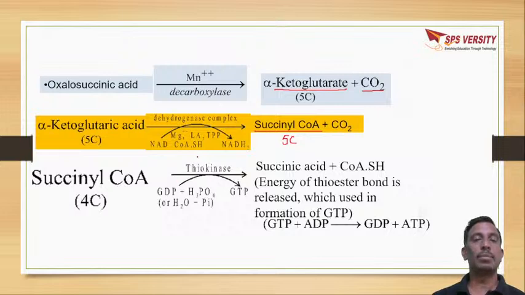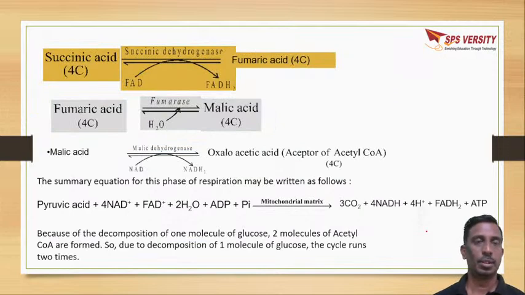Succinyl coenzyme A will undergo splitting in the presence of thiokinase. This means succinic acid and CoA are released along with 1 ATP. Succinic acid, in the presence of succinic dehydrogenase, will undergo oxidation and form fumarate. Fumarate, on hydration, will form malic acid.